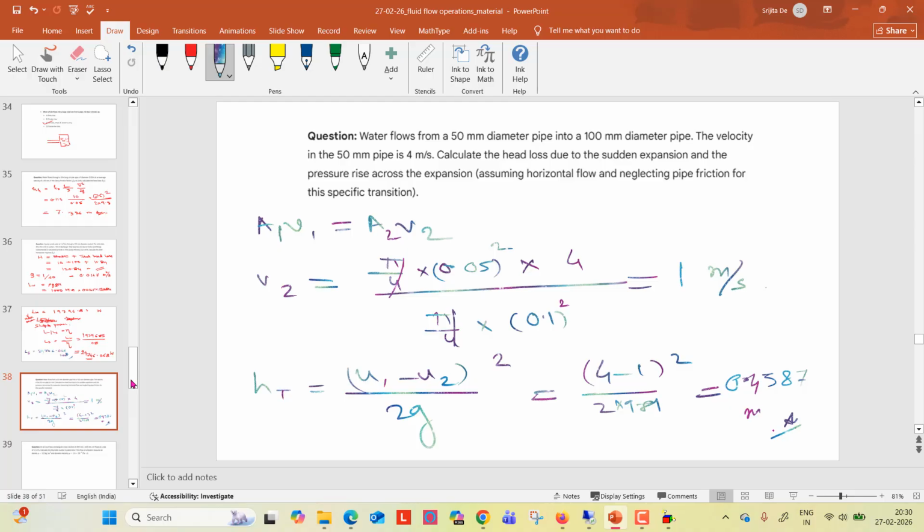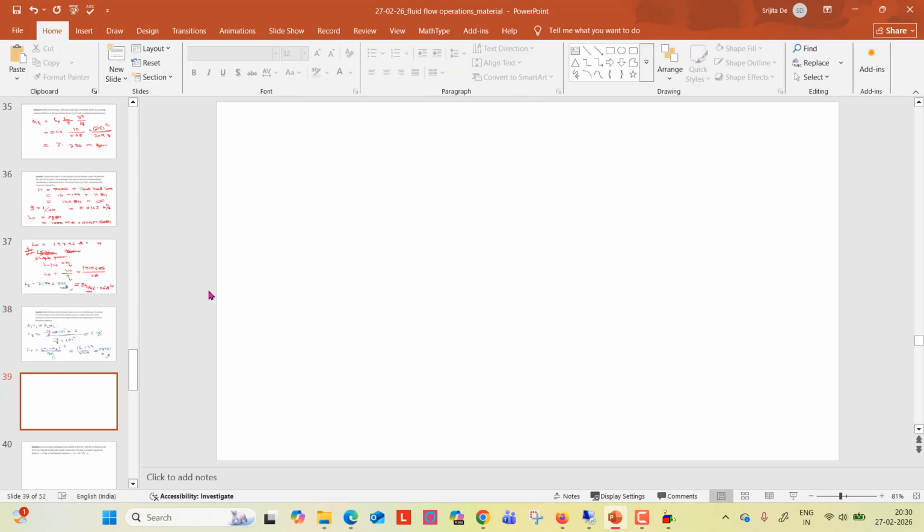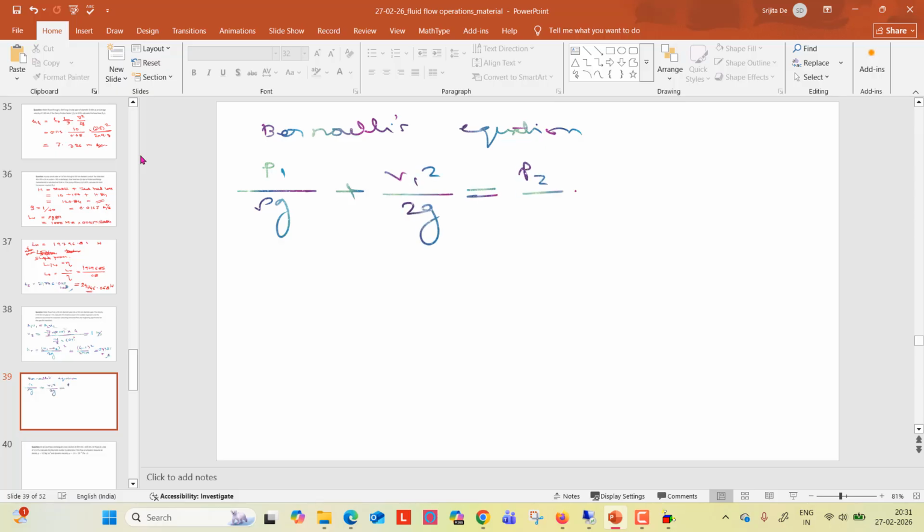Next comes the pressure rise across the expansion. The pressure rise comes from the Bernoulli equation, which I did in the starting of the class. If you remember the expression, as it is a horizontal pipe, P1 by rho g plus V1 square by 2g equals P2 by rho g plus V2 square by 2g plus hd, right?